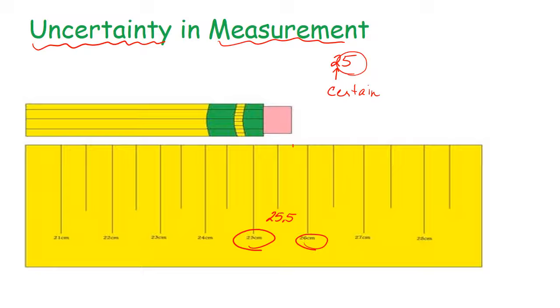I'm absolutely certain of the ones digit. So in sum, I want to say that this pencil is 25.7 centimeters long. What that communicates to the reader is I was 100% certain on the 25. The 7 digit, that was the one I guessed on. Our significant figures communicate to the reader our level of uncertainty in a measurement.